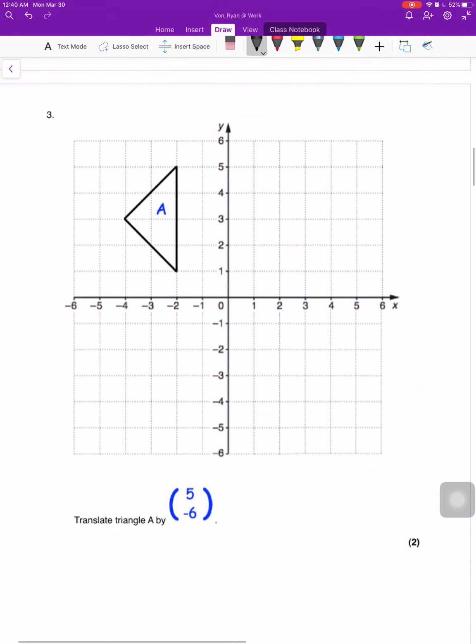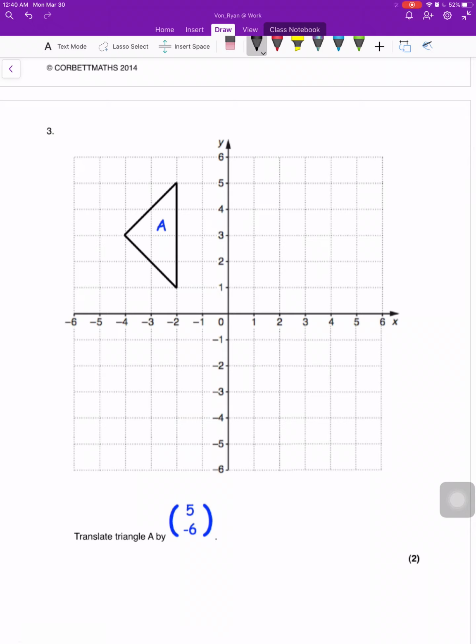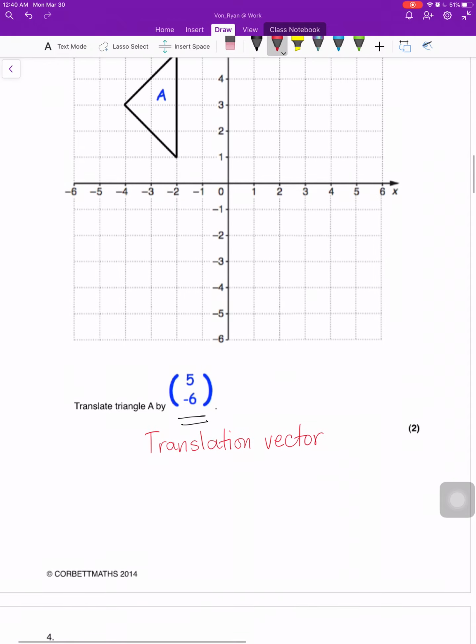Now we're going to work on something that works with a translation vector. This is what we call a translation vector. As you can see, it's a set of numbers written one on top of the other.